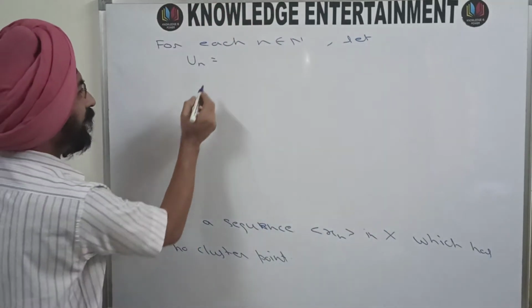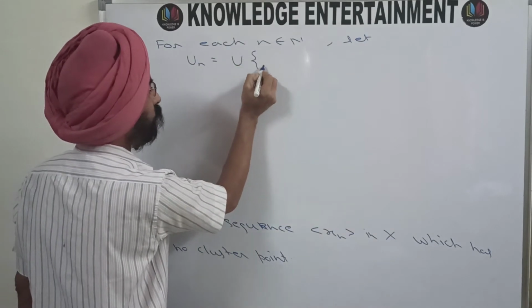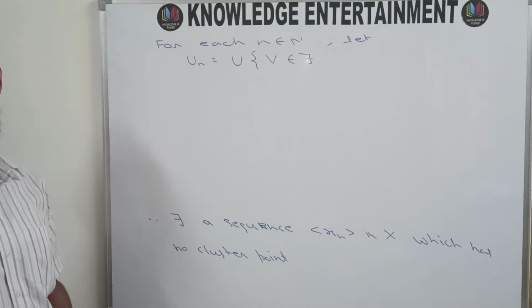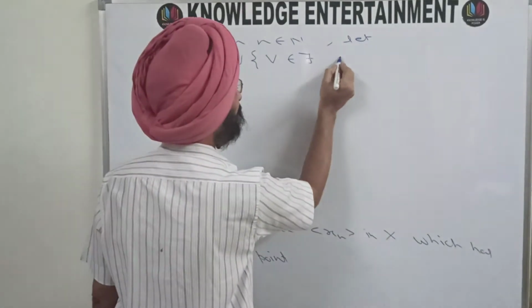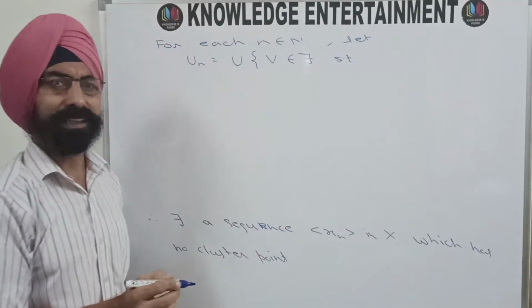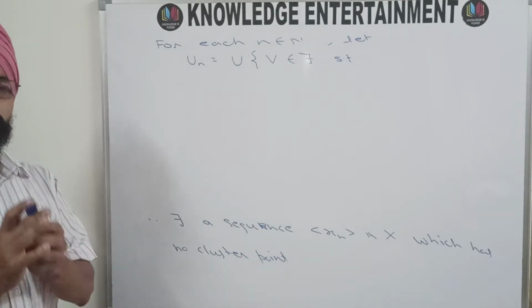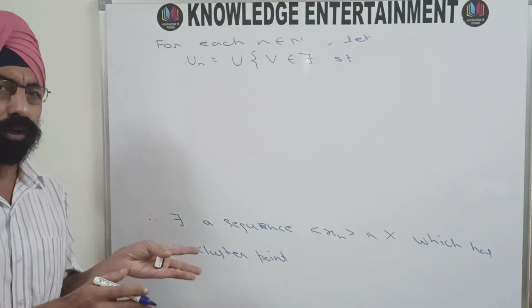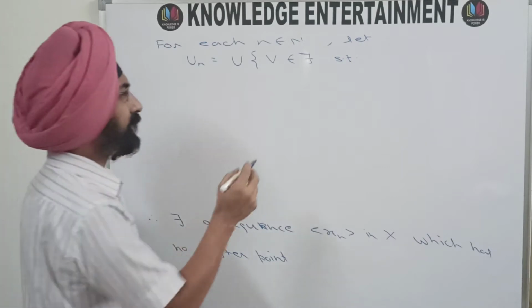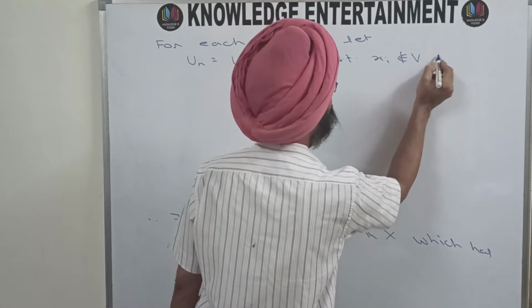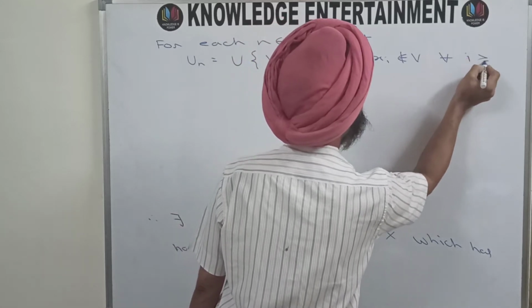This is the union of all tau open sets V such that after a particular stage no element of this sequence belongs to this set V. That means xi does not belong to V for all i greater than or equal to j.